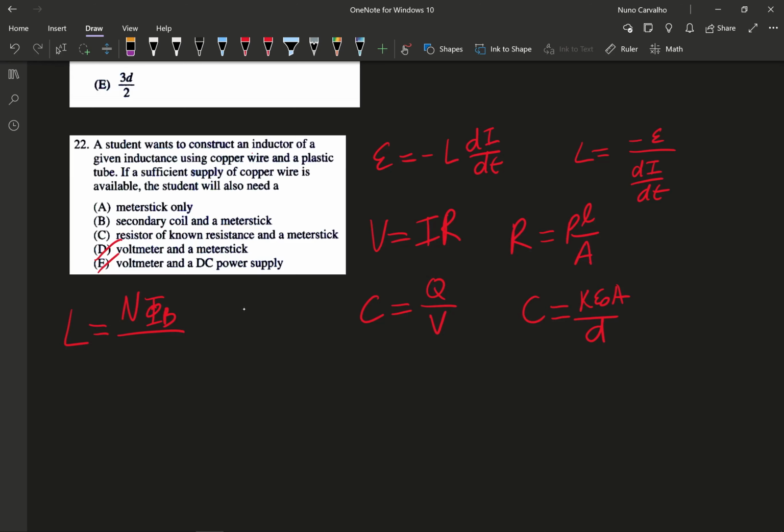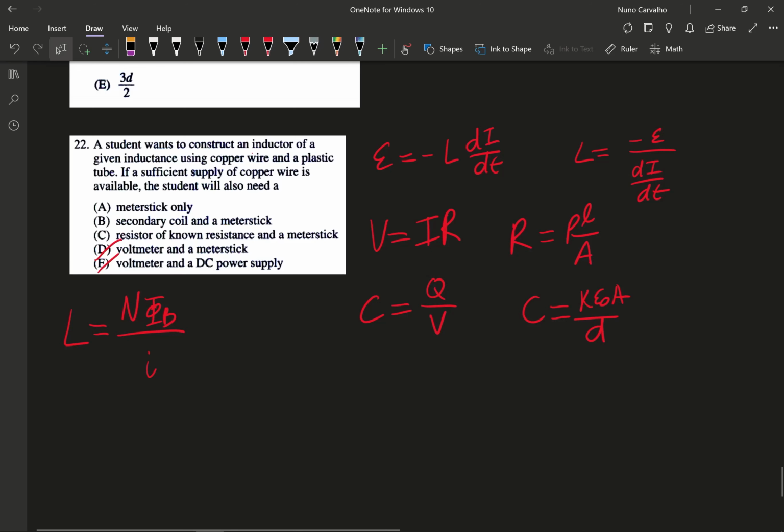We can imagine that the copper wire is going to wrap around the plastic tube and create a solenoid of sorts. But the formula here for L is going to be big N, which is the number of turns, times the magnetic flux through each of those turns, divided by I here.